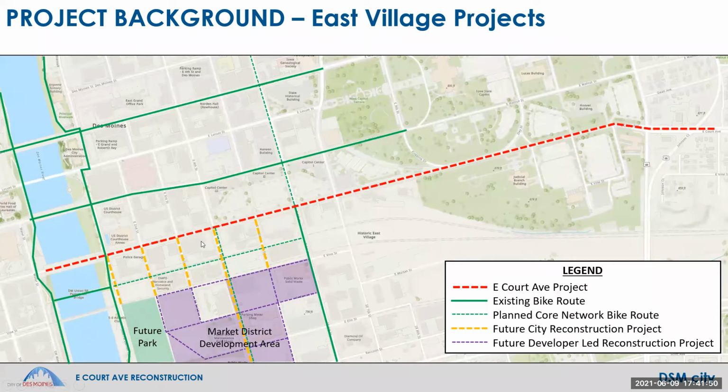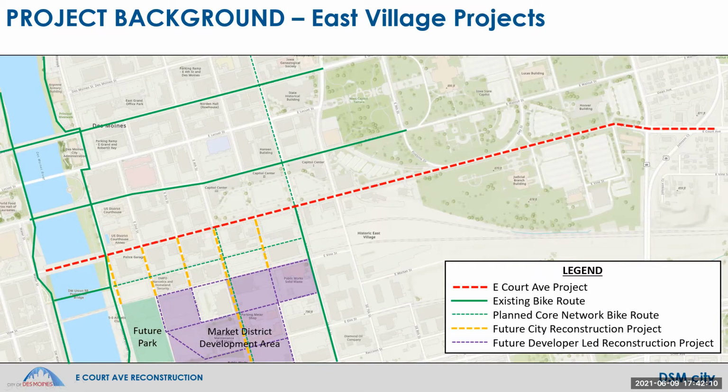And one other thing I want to mention here is all the other projects that are happening, specifically the market district. As some of you may know, there's a lot of development happening. A lot of the city public works facilities are moving out of there, opening up space for development, which is exciting.